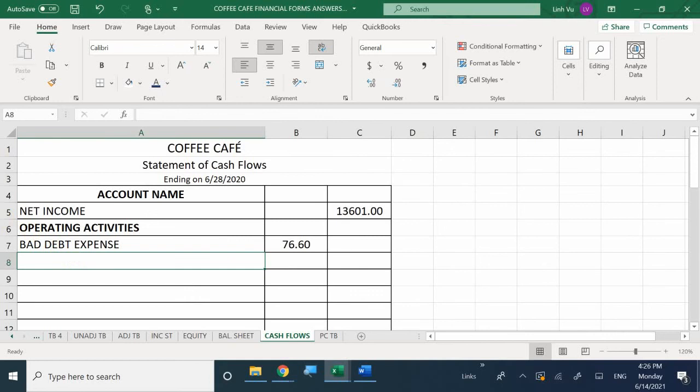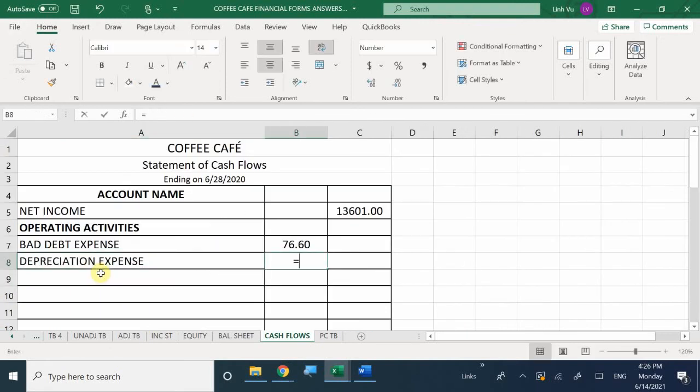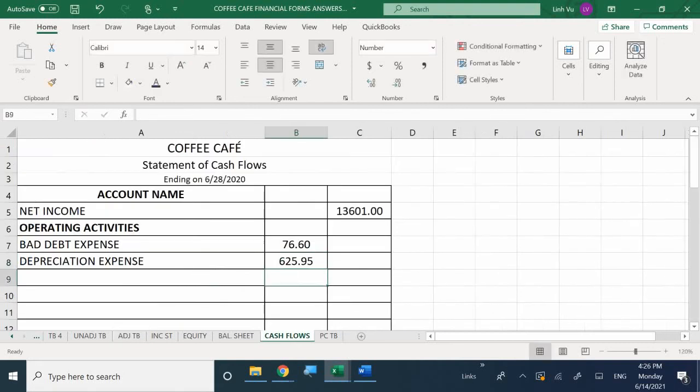Depreciation, same thing. We took money out from our assets, but in reality, you can't take money away from your assets. So that's a non-cash transaction, which we need to add back. In this case, we're adding back $626 to our cash flow because we never actually spent the money to incur this expense.